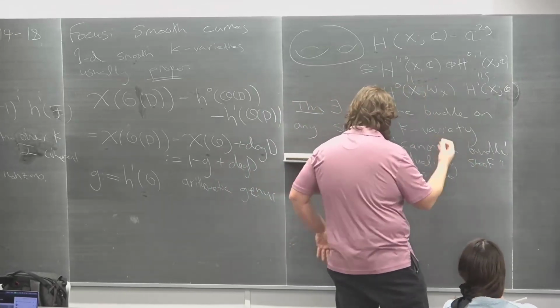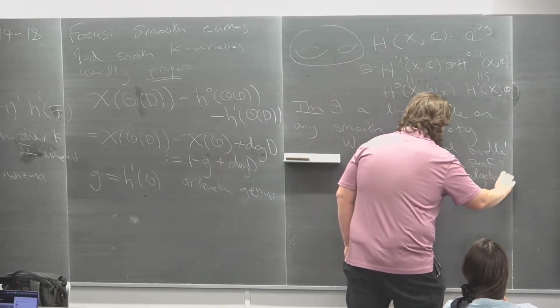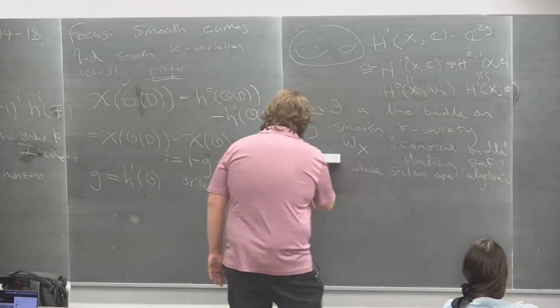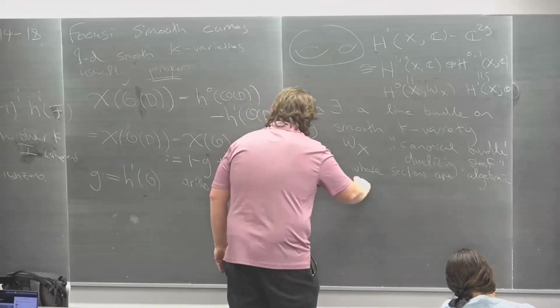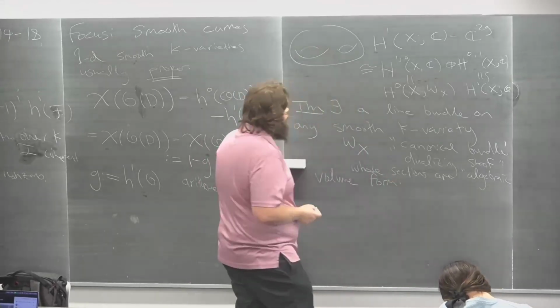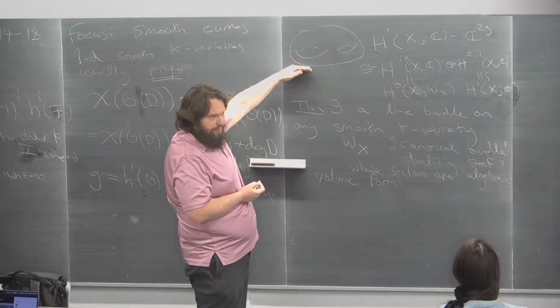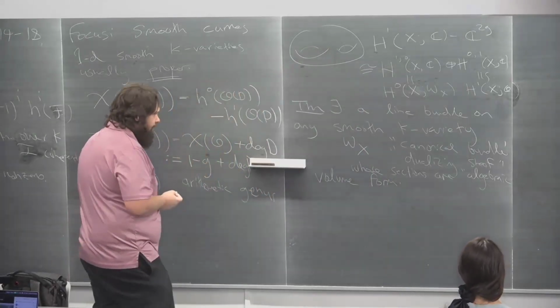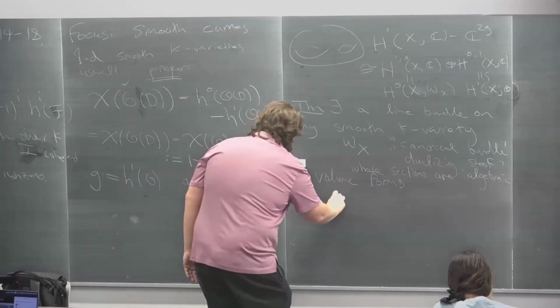I should say algebraic volume forms. If you were thinking about this in the complex differential geometry world, I would really mean holomorphic volume forms. So of course, on a curve, this just means one forms.